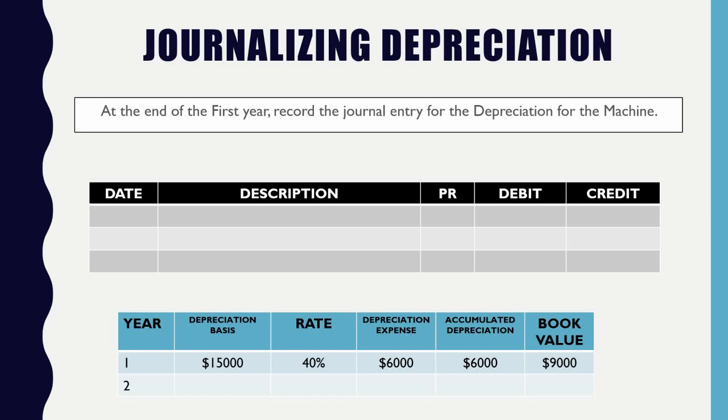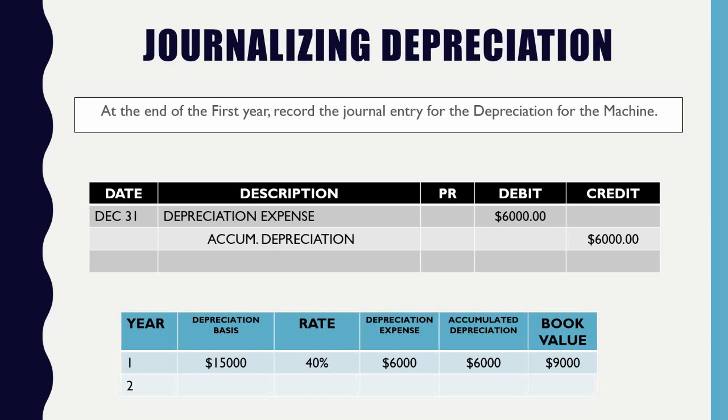I brought the table down here. So what is going to be my journal here? Depreciation expense. Yes. And what else? Accumulated depreciation. Good. And for what amount? 6,000. Okay. Good.